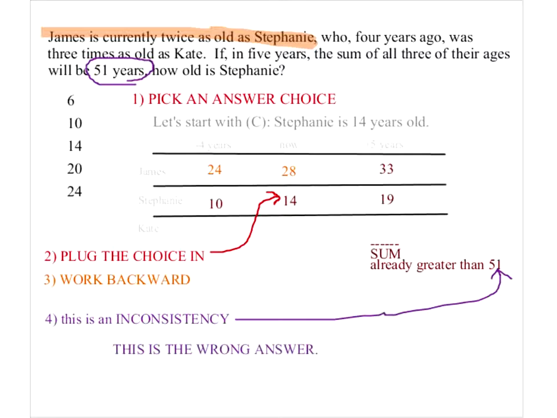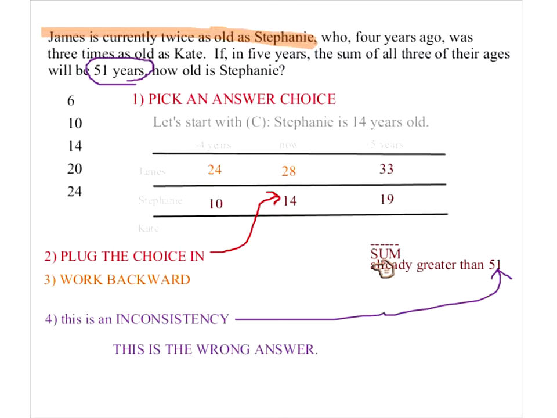Notice we didn't need any algebra at all to figure this out. None. And moreover, what else does this mean? Not only is this answer wrong, but which answers are also wrong based on this result being greater than 51? Okay, a couple of you are typing this in.